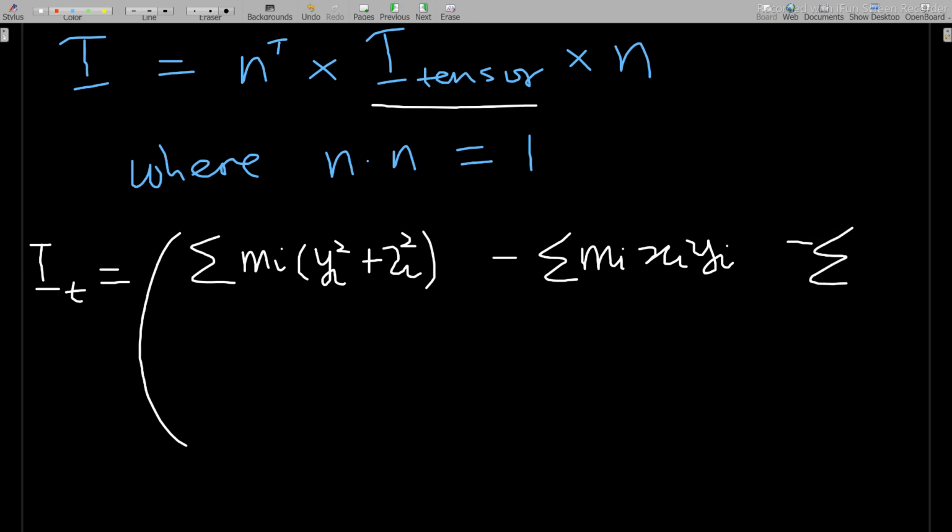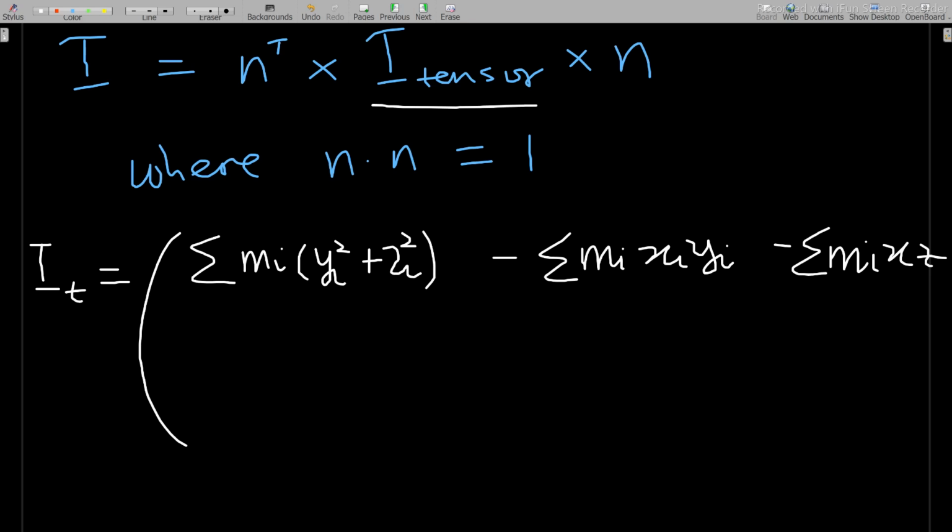I hope you have seen how the format is going. Then minus summation m_i x_i z_i. I'll write it like this so it fits here, so please bear with me when I don't bring the i's.